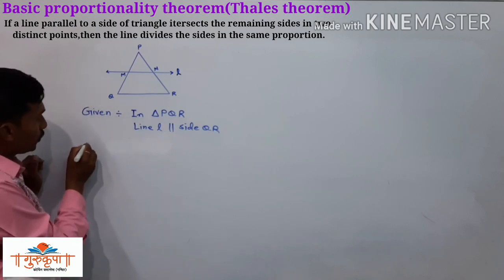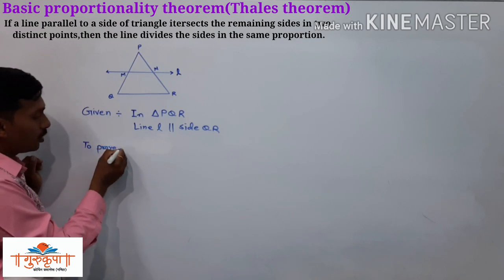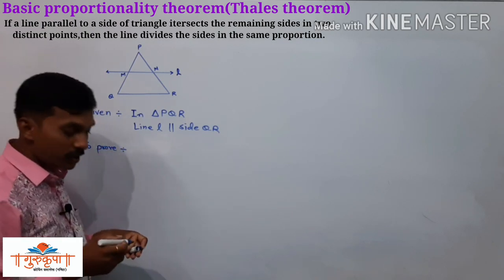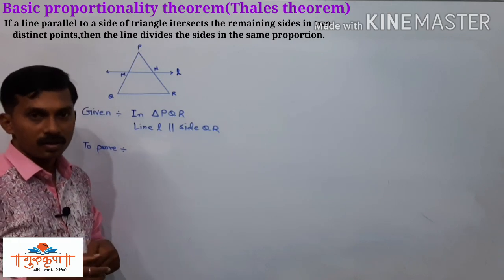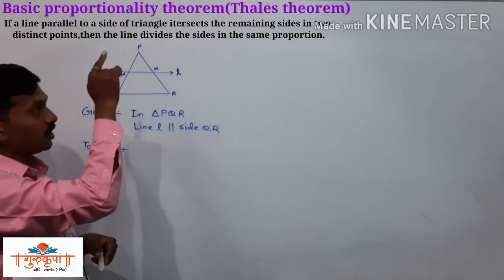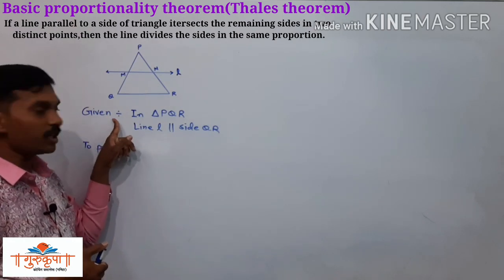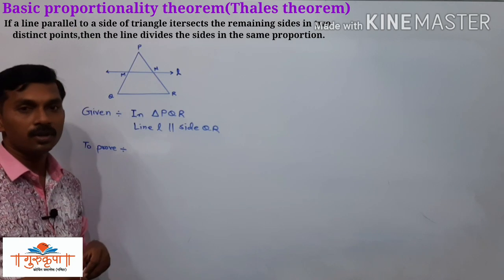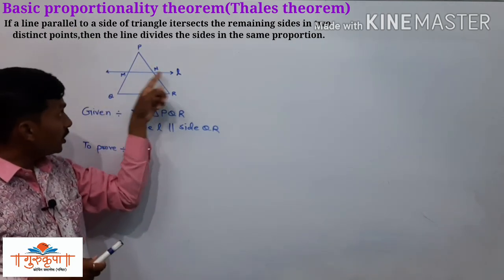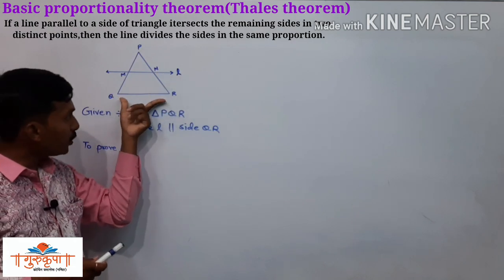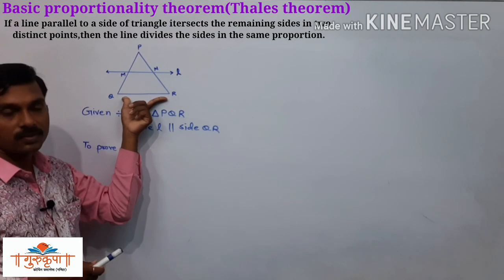Now what do we have to prove? See the statement of the theorem, which is very important. We read the statement of the theorem, from which we get the given information and what we have to prove. Here the statement is: if a line is parallel to a side of the triangle, that is the given information.